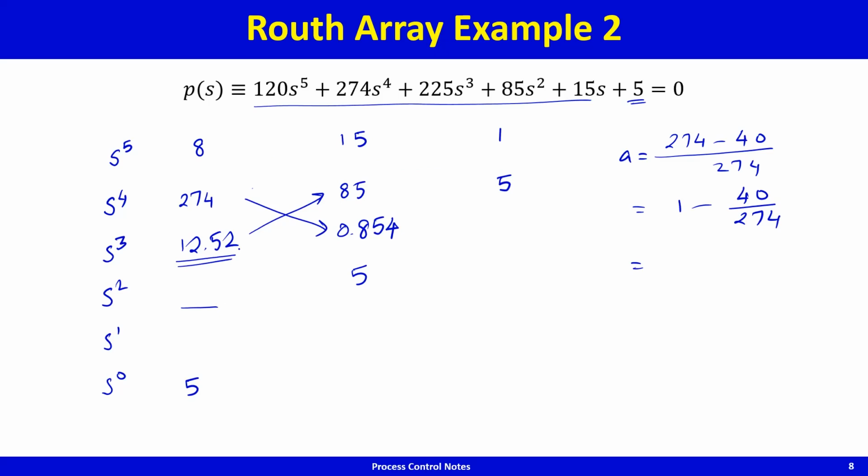Let me call this B. So B is going to be equal to 85 minus 274 times 0.854 divided by 12.52, and do this calculation and get B, and it turns out that this term is 66.31.